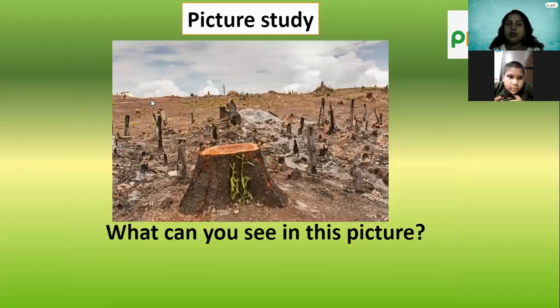Okay. So picture study. What can you see in this picture? What do we call this? Cutting down the trees. So what is the term used for this? What is the term for cutting down of trees?